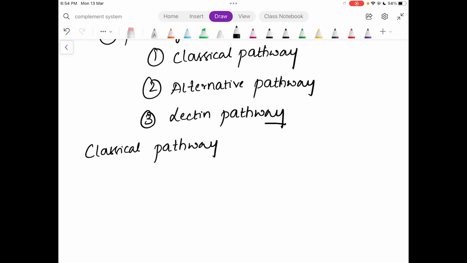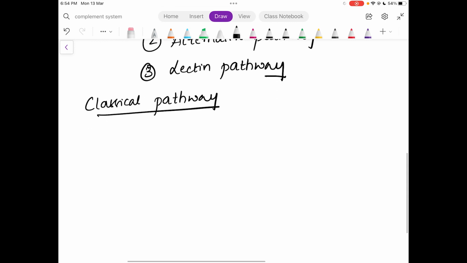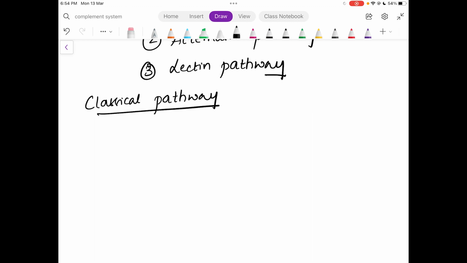What happens here in the classical pathway? Whenever a microorganism enters the body, it will evoke a response for the formation of antibodies.